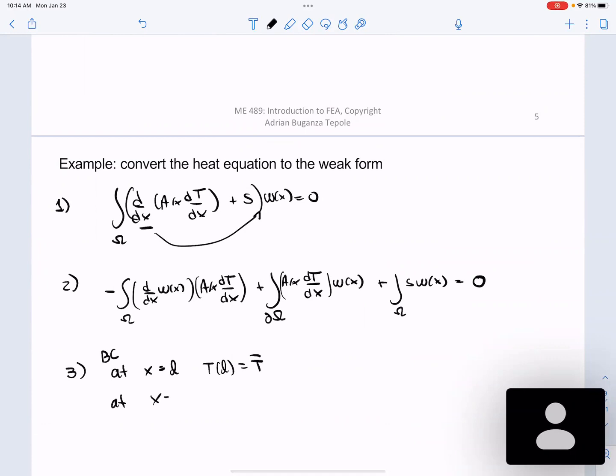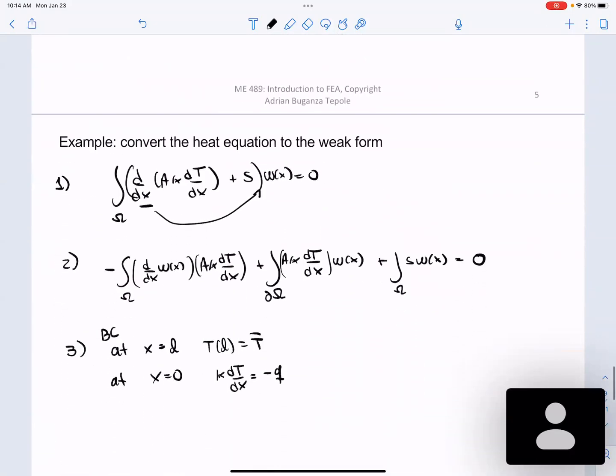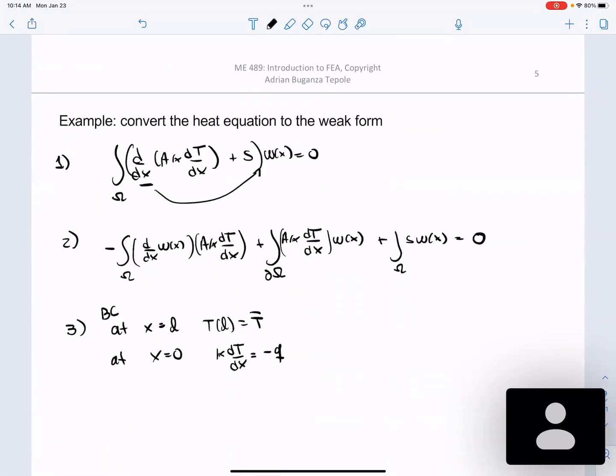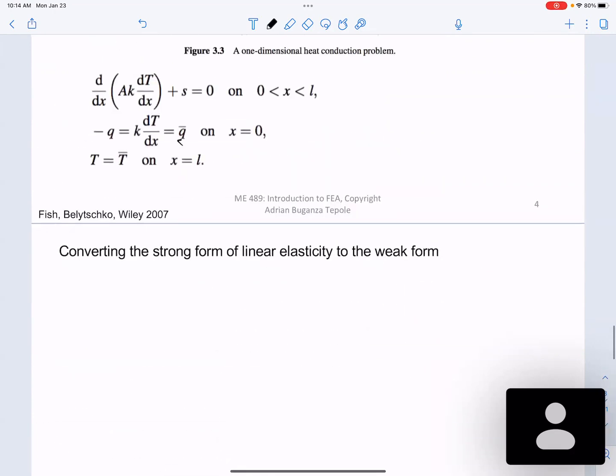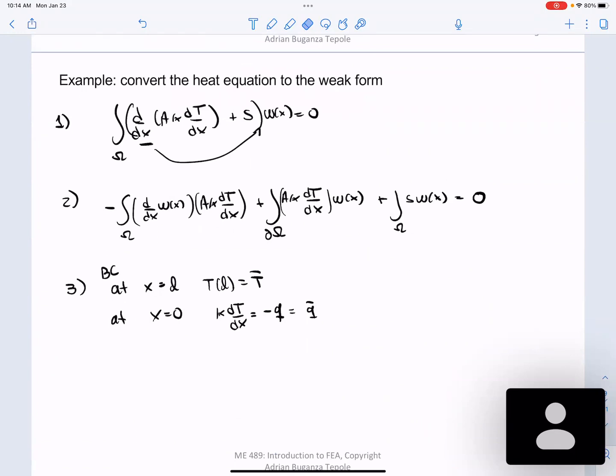And at x equals 0, we have k dT/dx equals minus q. Minus q equals q bar, so it's given as q bar. All right, so we need to use it. Remember that for this, we know w at L equals 0, and this we just substitute.